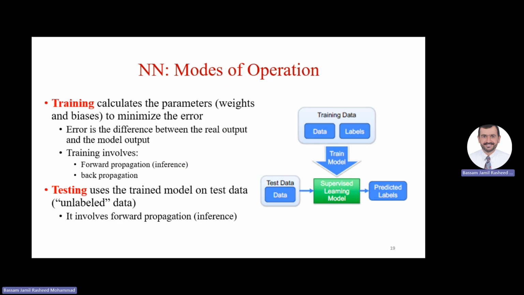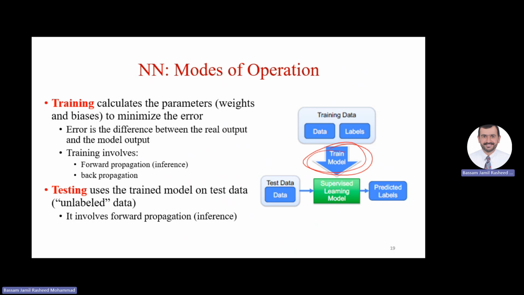So in general, any neural network goes through 2 modes of operations. And this is the thought that we leave, probably should stress on it. So this is my model here.